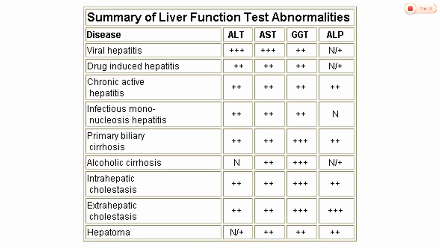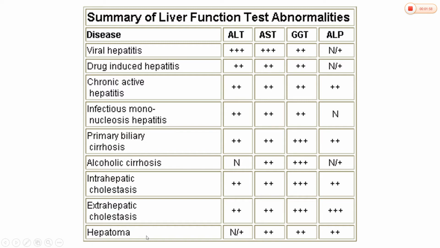This table depicts some of the diseases which are listed here, such as viral hepatitis, drug-induced hepatitis, chronic active hepatitis, cirrhosis, biliary cirrhosis, alcoholic cirrhosis, cholestasis, and hepatoma.